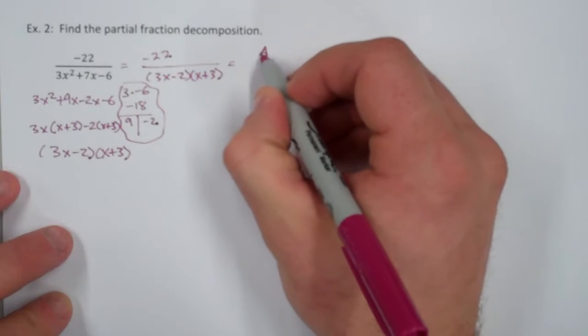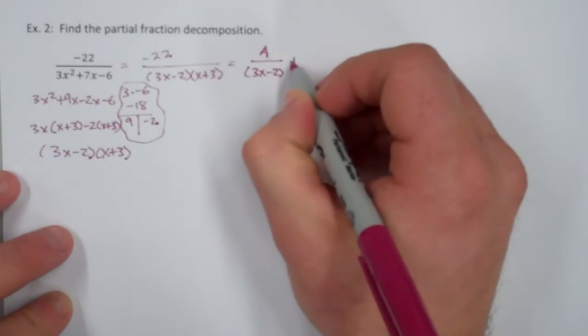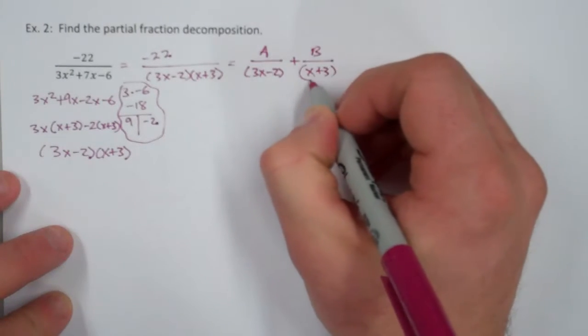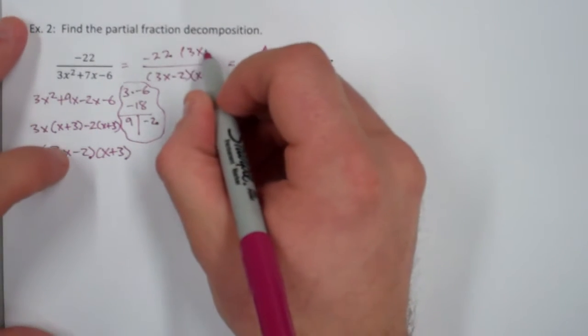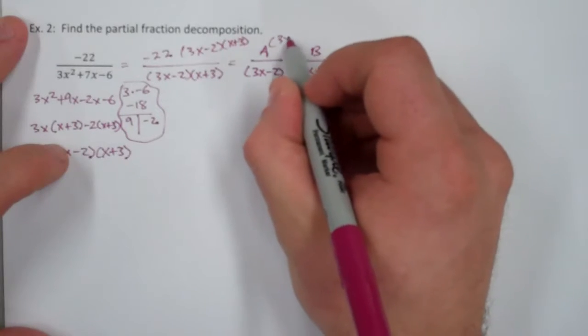We need to somehow get a value of A over the first factor plus some value of B over the second factor. To figure this out, we're going to need to multiply by 3x minus 2 times x plus 3, and we'll multiply everything by that.